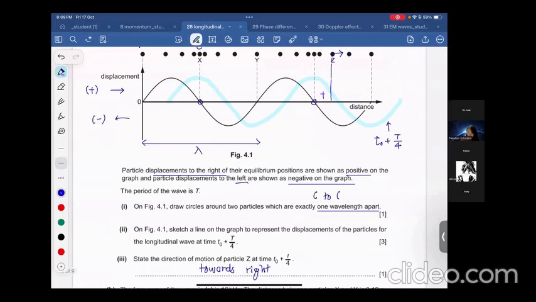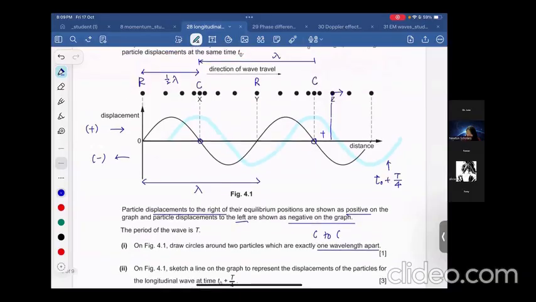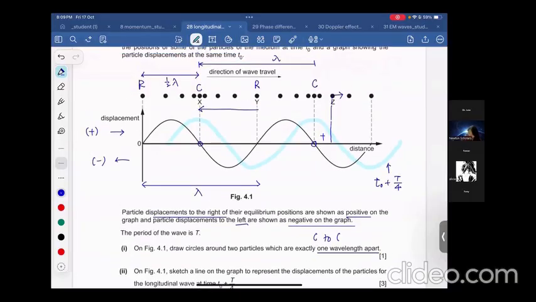Okay, so the frequency, again, frequency is f. The distance between X and Y. Where is your X? Where is your Y? Okay, X and Y here. Distance between X and Y is actually 0.19 meter. They're asking you to find the speed.